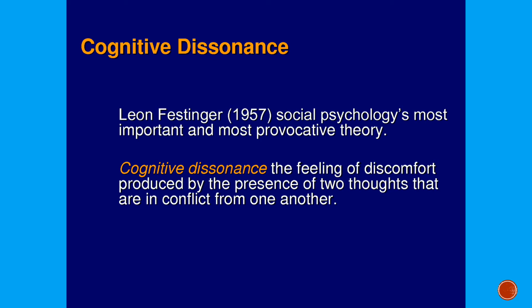And according to Festinger, cognitive dissonance is an actual physiological arousal. It's an unpleasant sensation that motivates us to do something to get rid of it. For example, when you are hungry, you have this uncomfortable, unpleasant feeling, which we call hunger, and that motivates you to get something to eat to get rid of the hungry feeling.